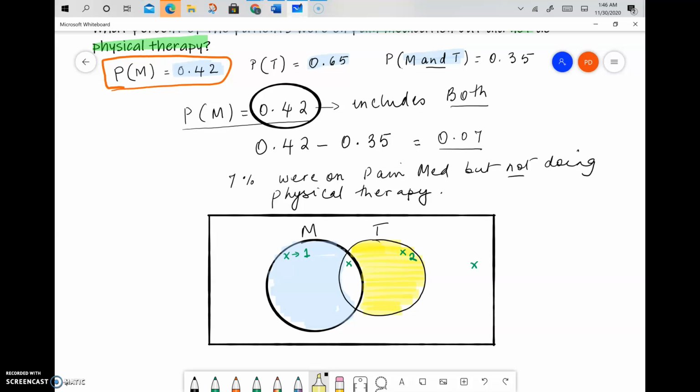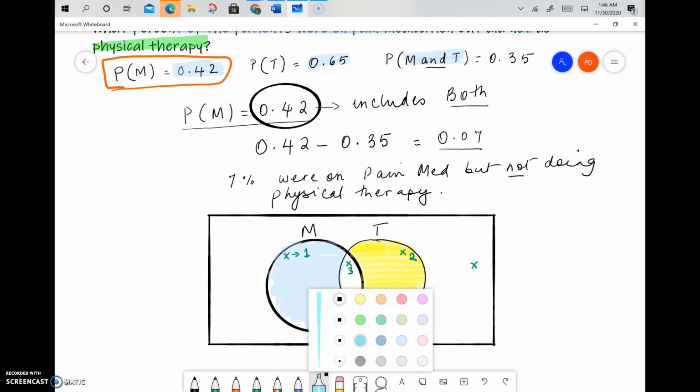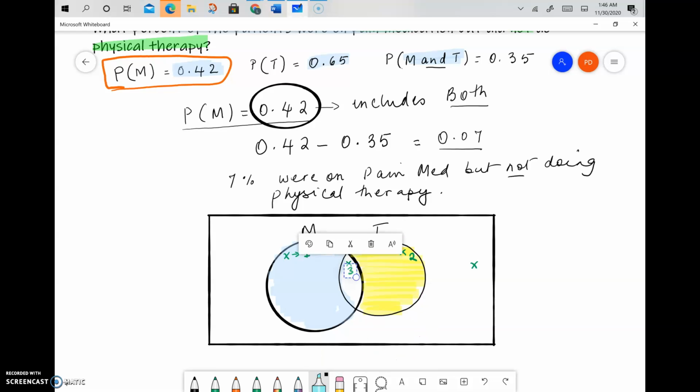And then, of course, we have region 3, which is both. So let's shade that in a different color. So that is the overlap, which is both physical therapy and pain medication.